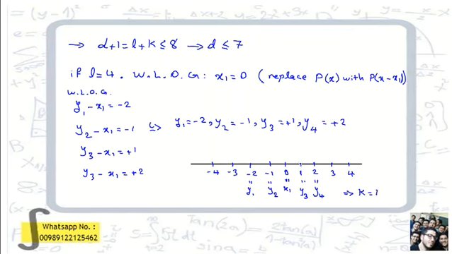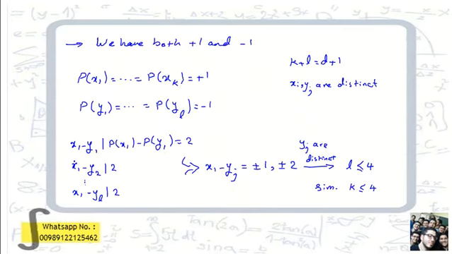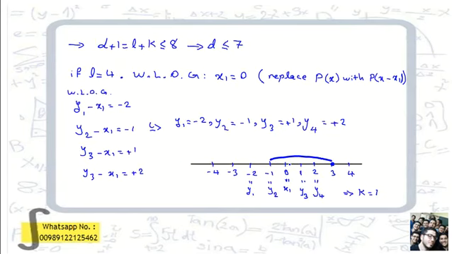If we consider x2 here, the difference between x2 and y2 is 3, and 3 doesn't divide 2. Any difference of xi and yj must divide 2. So if this is y2 and x2 is here, their difference is 4, and it doesn't divide 2.